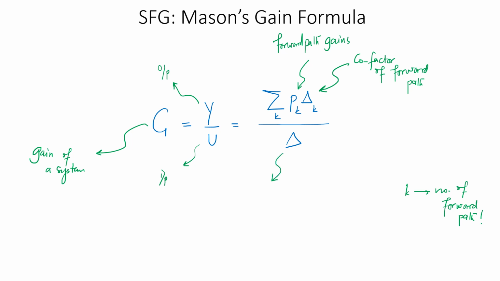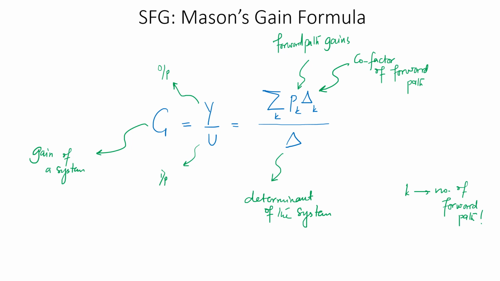But this big delta is what we call the determinant of a system. This is very important because eventually, when equated to 0, it is going to give you the characteristic equation of a system, which in the classical control paradigm is the basic starting point of analyzing systems. So we will try to compute that as well.